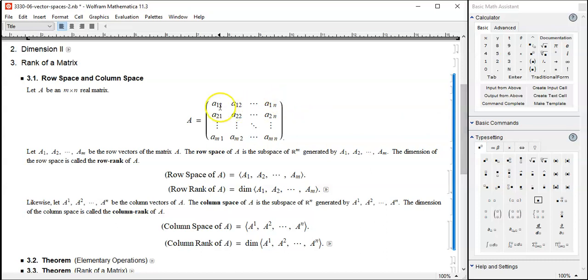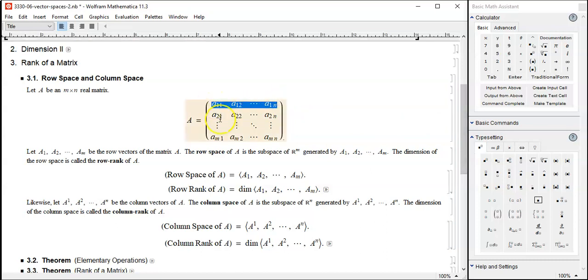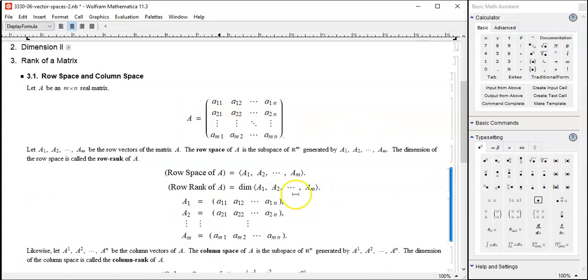What do you mean by row space? Let's consider each row as a vector, and then let's consider a subspace of Rm generated by these row vectors. You see, each of these are n-dimensional vectors. Yes, this is m by n.